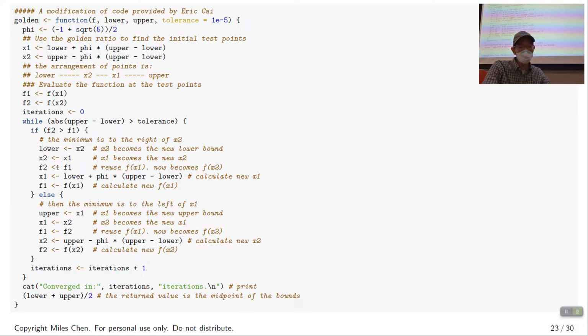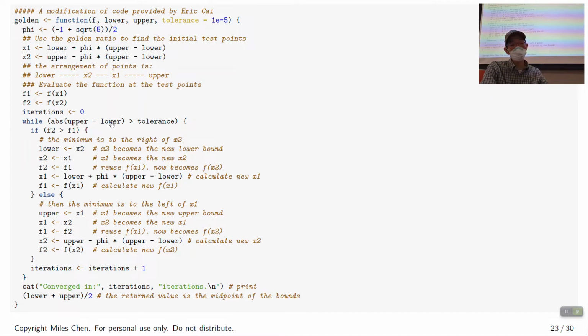The only thing I need to calculate now is the new x1 and the function at x1. On the other hand, if it's not, then we'll throw away the other side. I don't have to recalculate f1, but I do have to calculate a new x2 and the function at x2, and we just repeat over and over again.